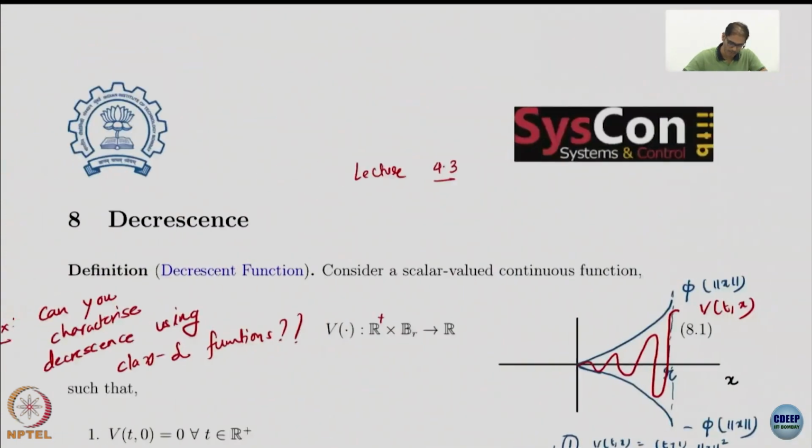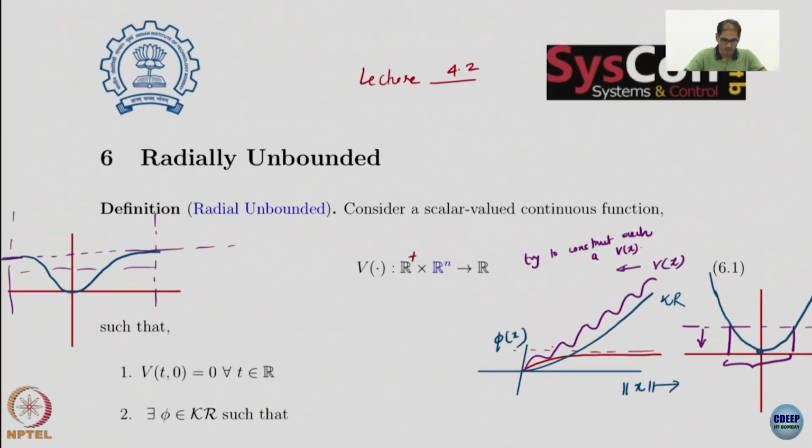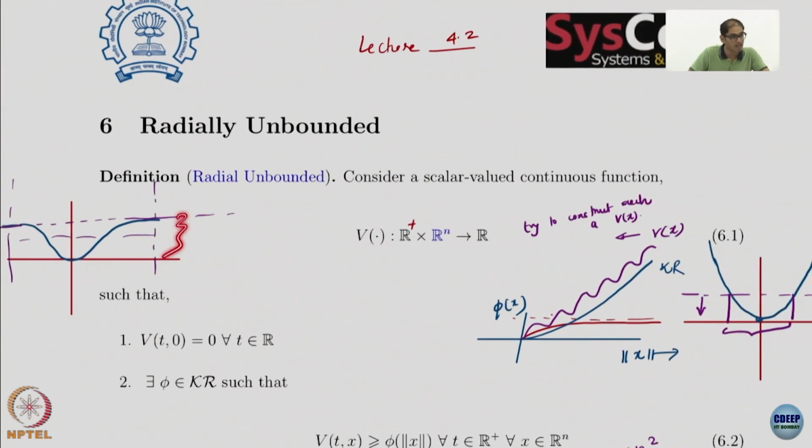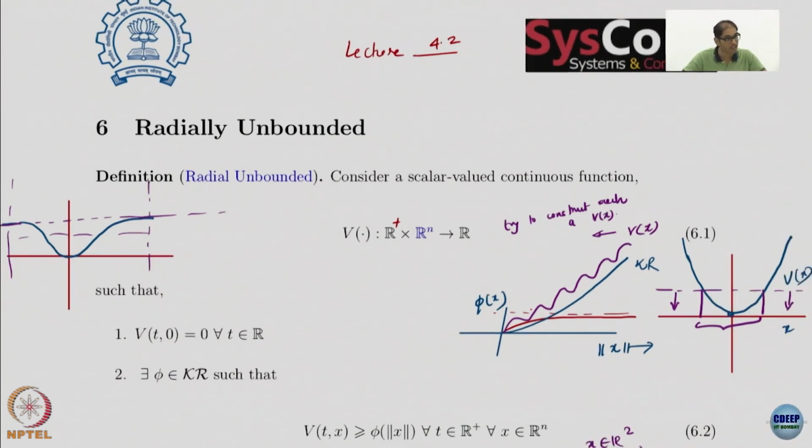That is why I made this picture: if you take V inverse of this set, you get exactly this set. So, this bounded set gives a bounded inverse, but here this bounded set does not give a bounded inverse. That kind of problem. The proofs rely on inverses of these functions.